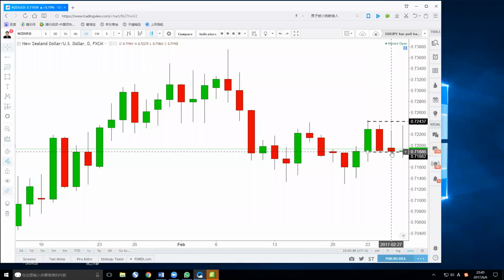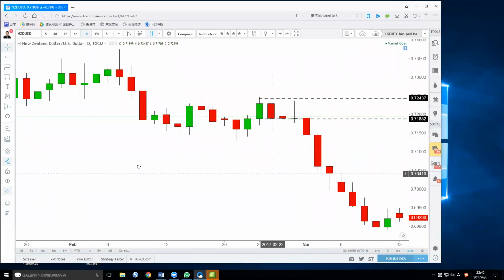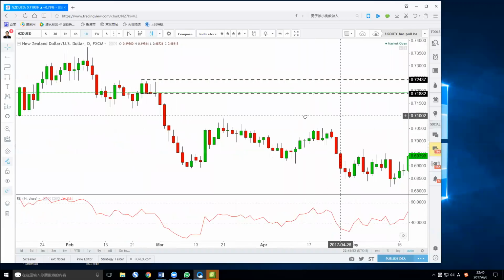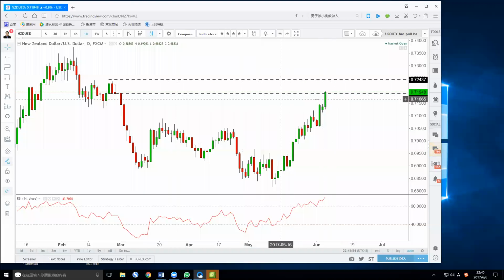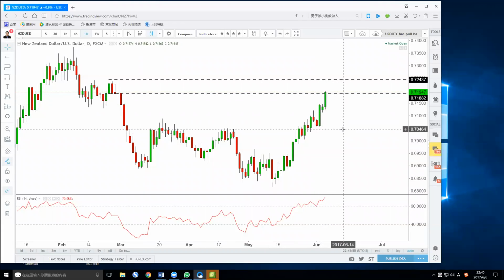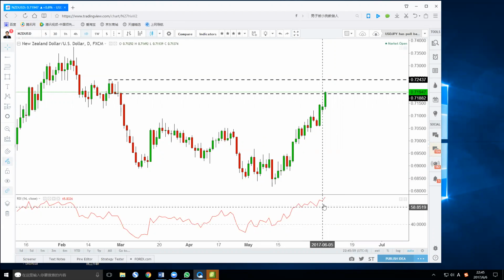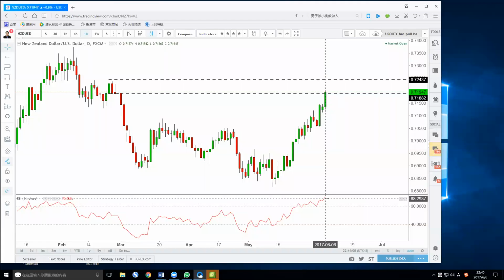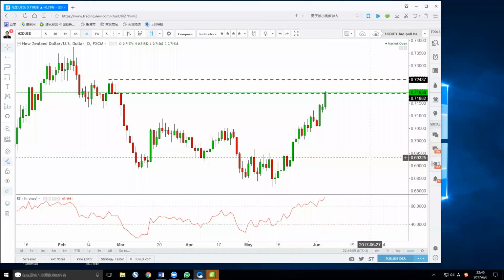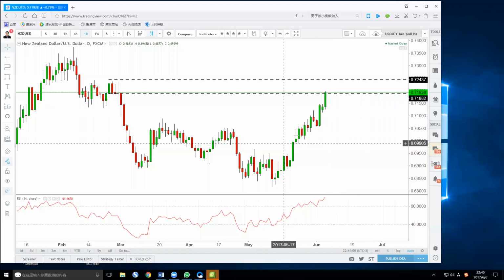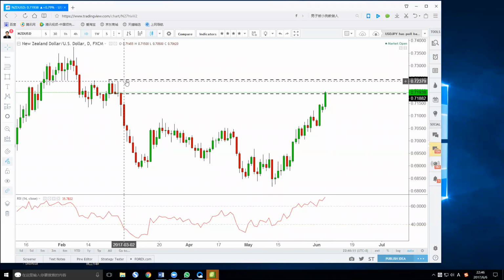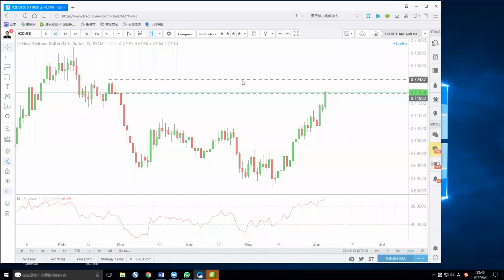Here have some support, buying, and then breaks down. Now it actually retests this same structure. The price may turn from here, but the RSI is of course above 60, so there's no way for you to short. I don't want you guys to short right now for the Kiwi because it's still very, very bullish. It may go up to 0.7240.